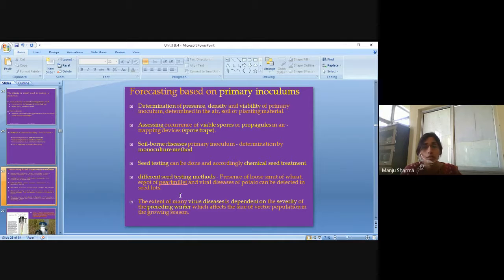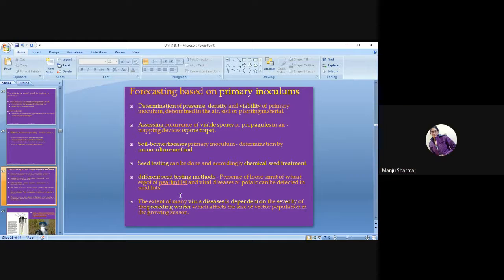Assessing occurrence of viable spores or propagules in air trapping devices that are called spore traps.